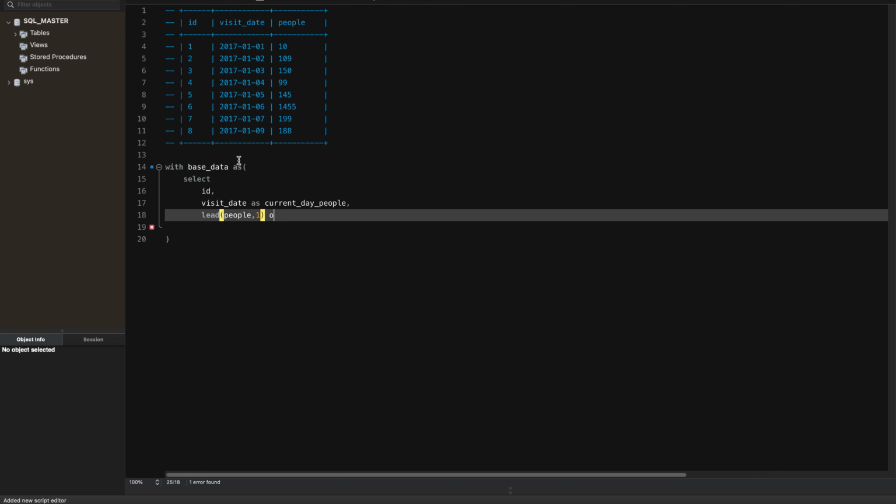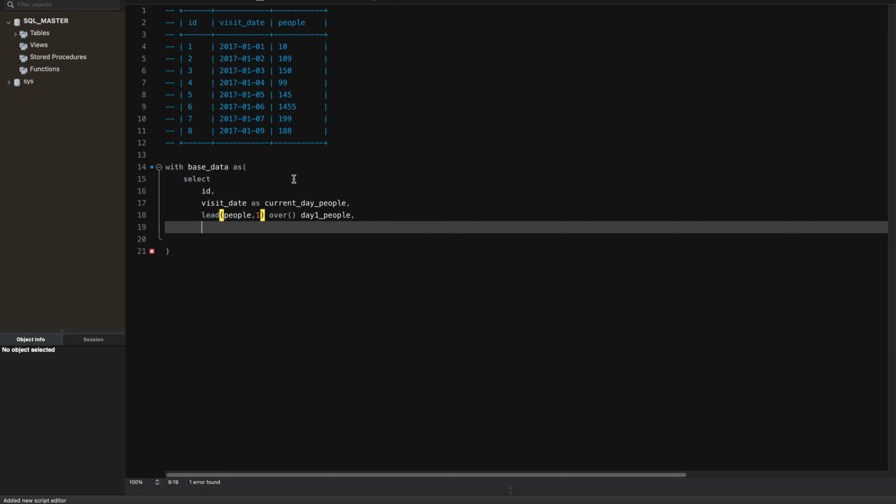Lead of 1 will give the next row's number of people, right? This will make it day 1 people. We'll use the same lead function and put 2 here to get the next to next row, day 2 people.